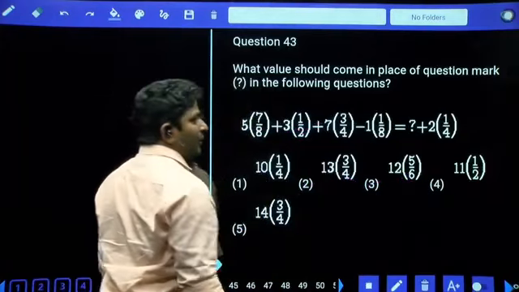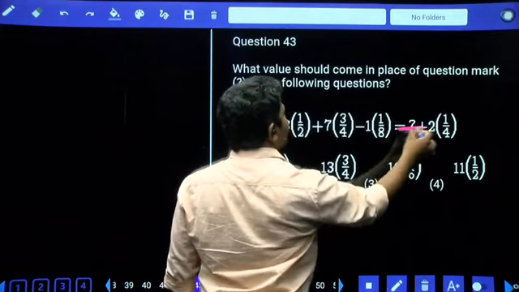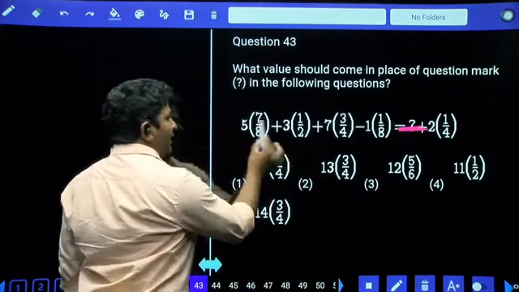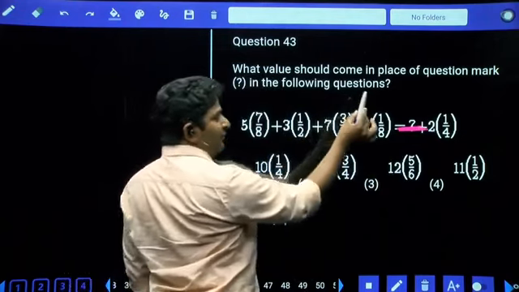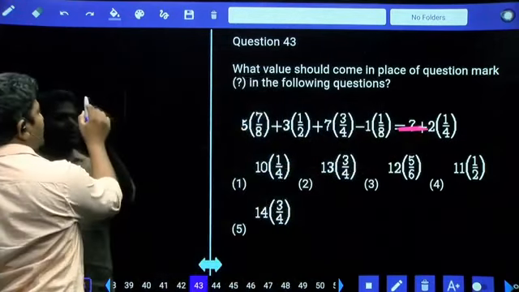Now take 2 1 by 4 to left hand side, that becomes minus 2 1 by 4. 5 plus 3, 8, 8 plus 7, 15 minus 1, 14, 14 minus 2, that is equal to 12.